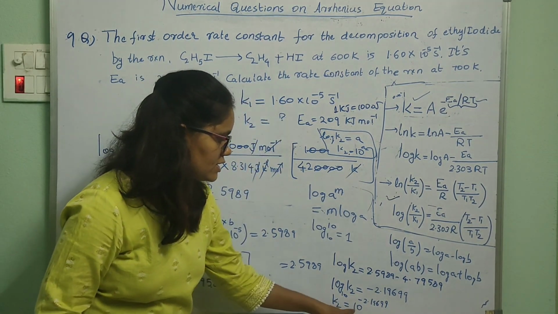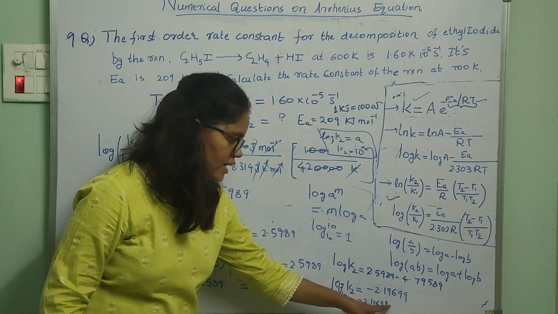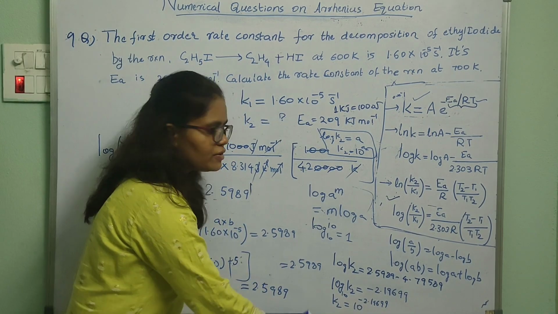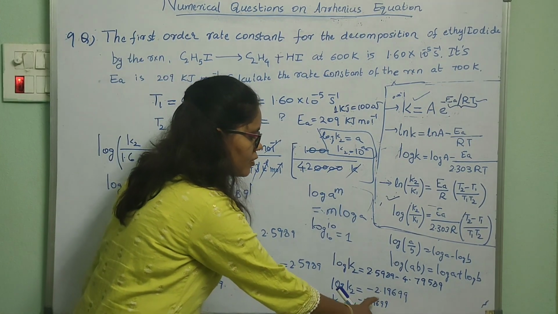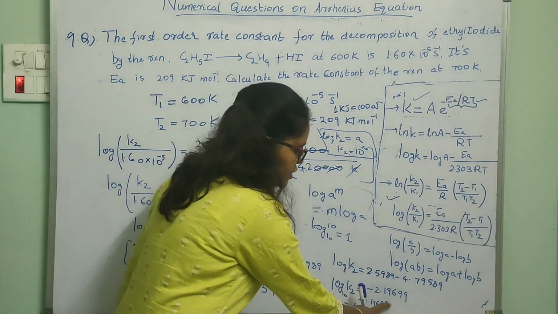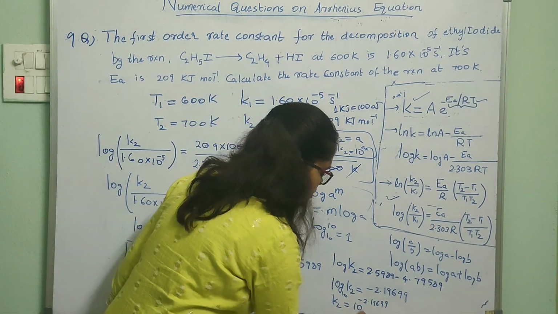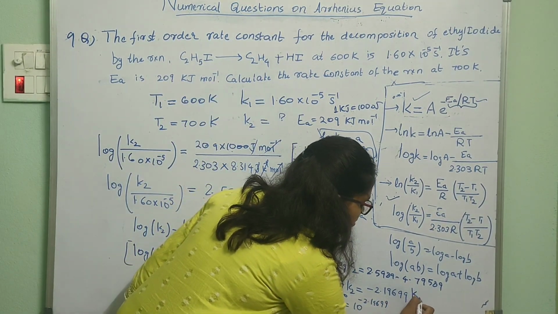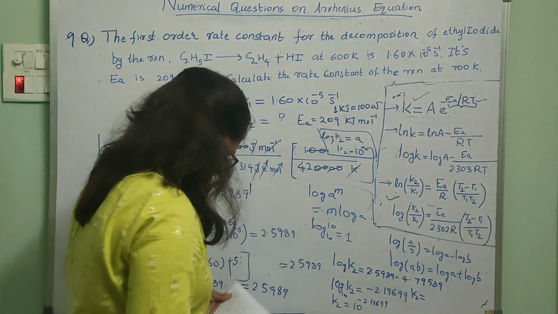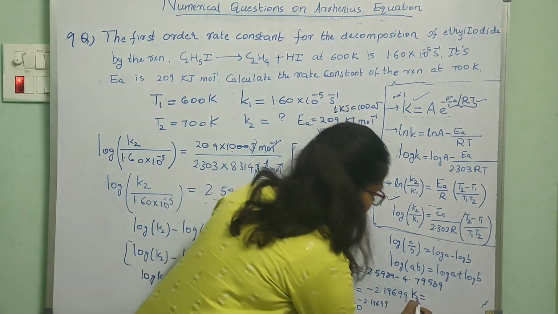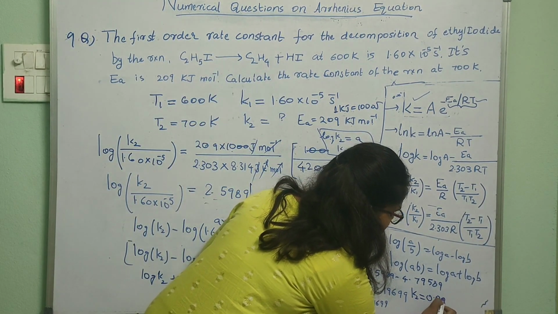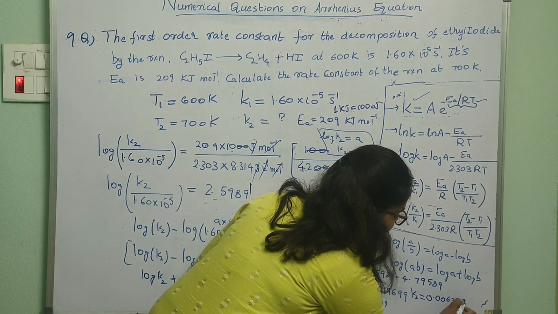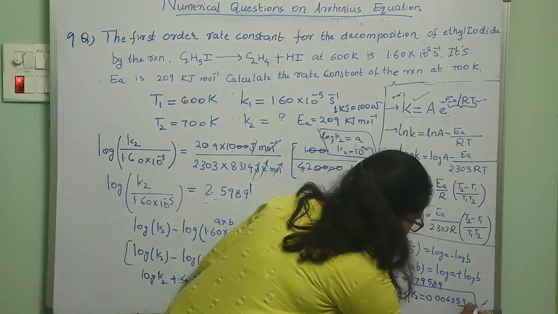So the value of K2 is 10 power minus 2.19699. When you solve this using calculator, you will get K2 as 0.006353. So this is your value of K2.